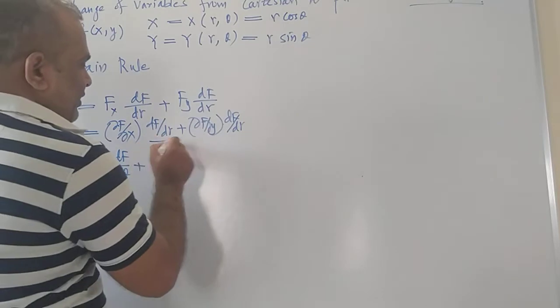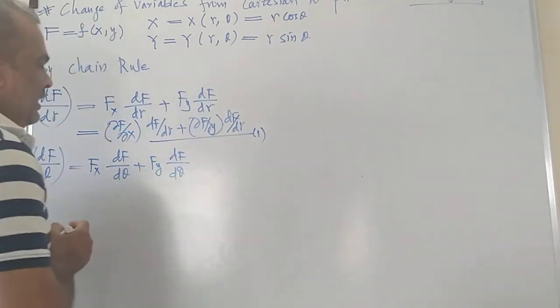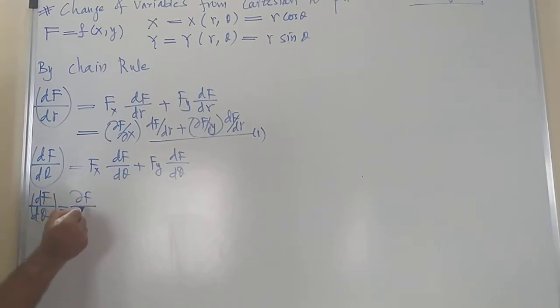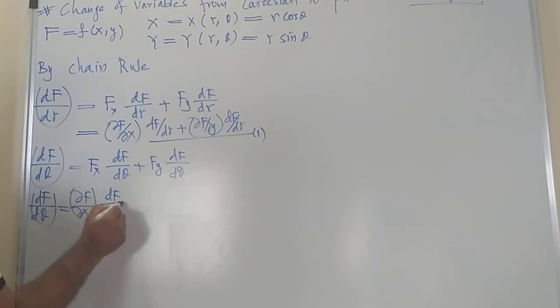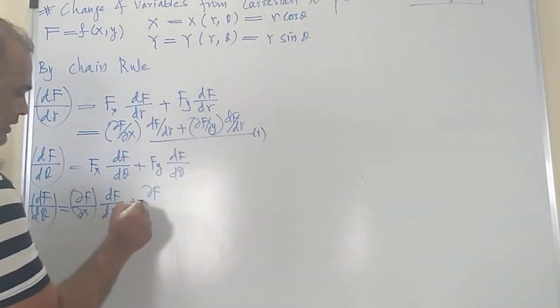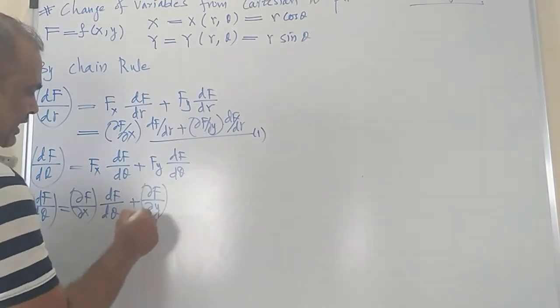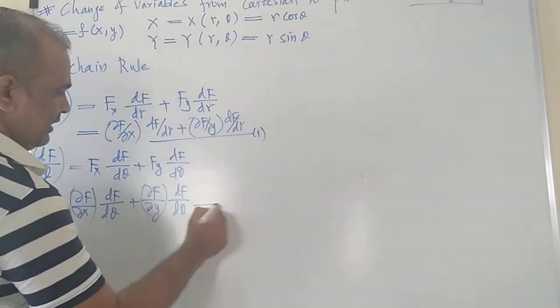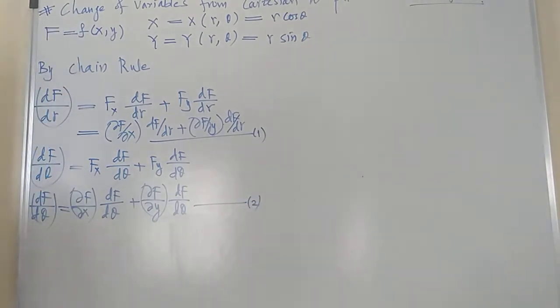Now let me say this is our equation number 1. And similarly, you can write the second differentiation, that is df by d theta, and this is equals to dou f by dou x into dx by d theta plus dou f by dou y into dy by d theta. Now let me say this is equation number 2.